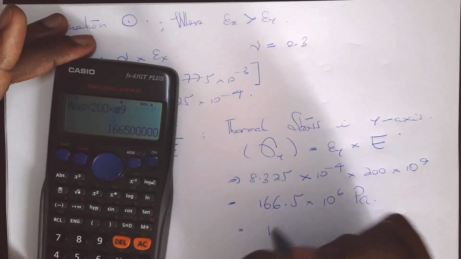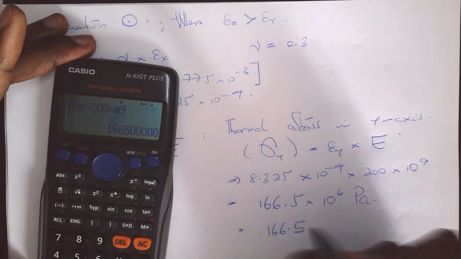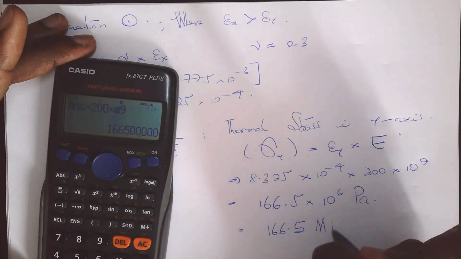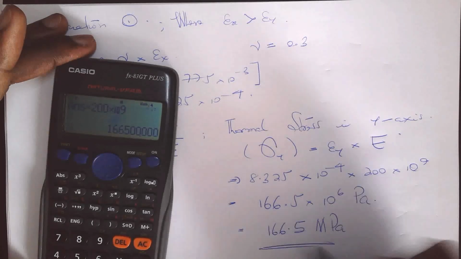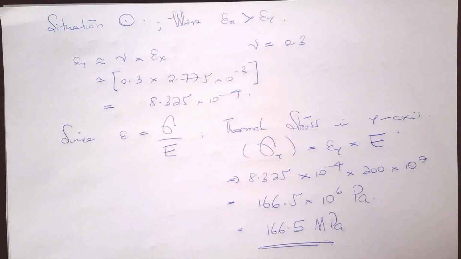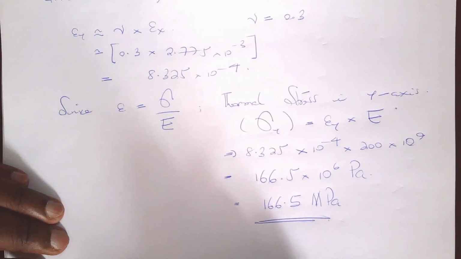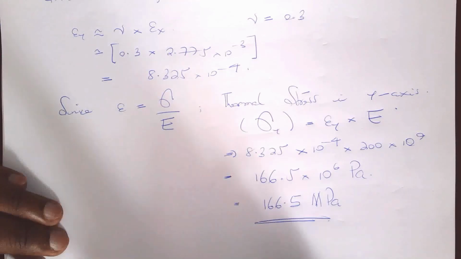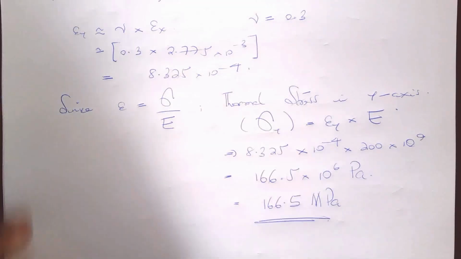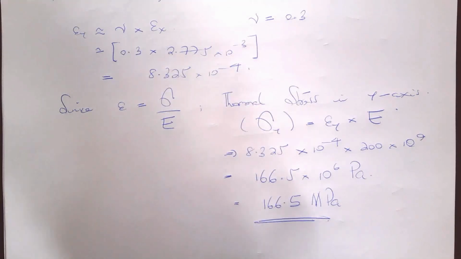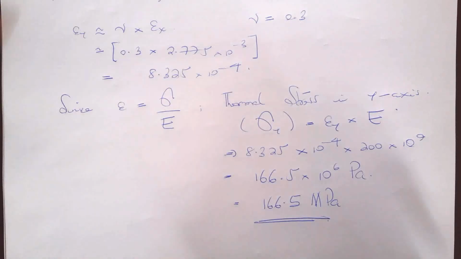So that is 166.5 MPa. Okay. So longitudinally, we got a value of 555 MPa. So failure is likely to occur longitudinally in the context of the question that we've been provided. So the stress is quite minimal in that regard.